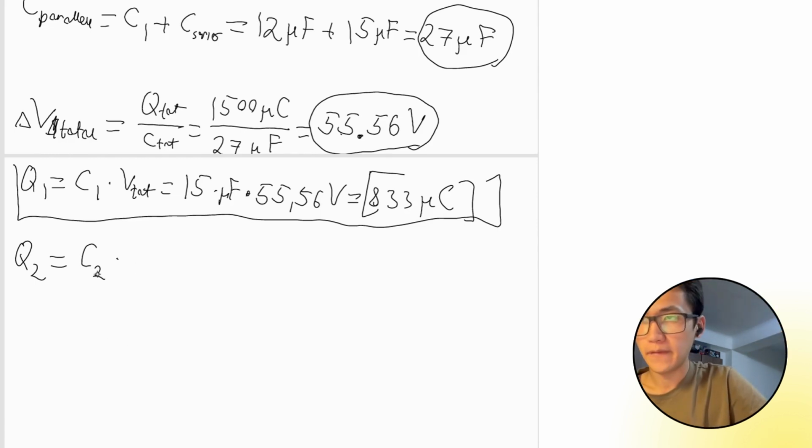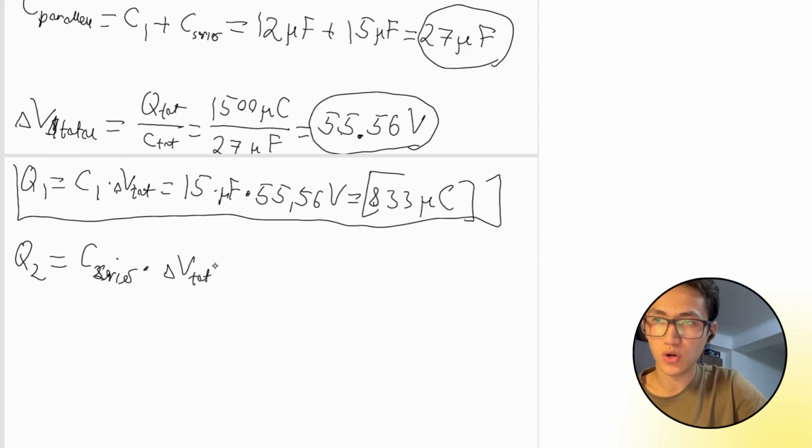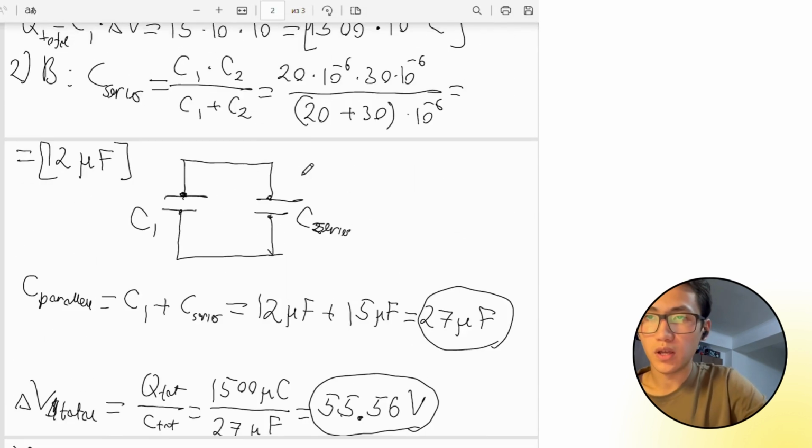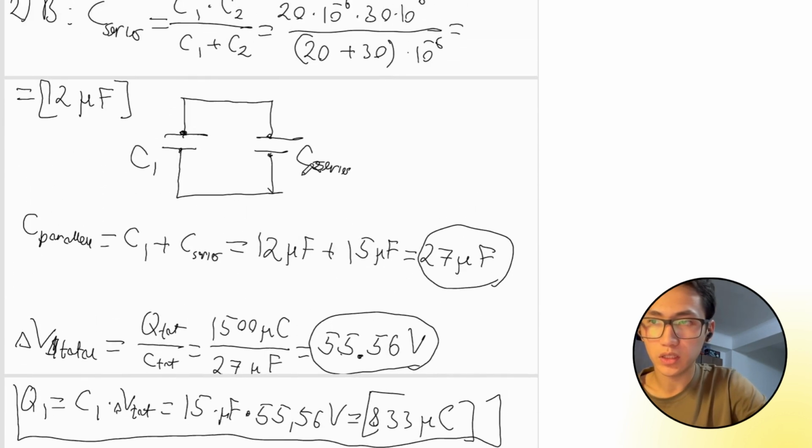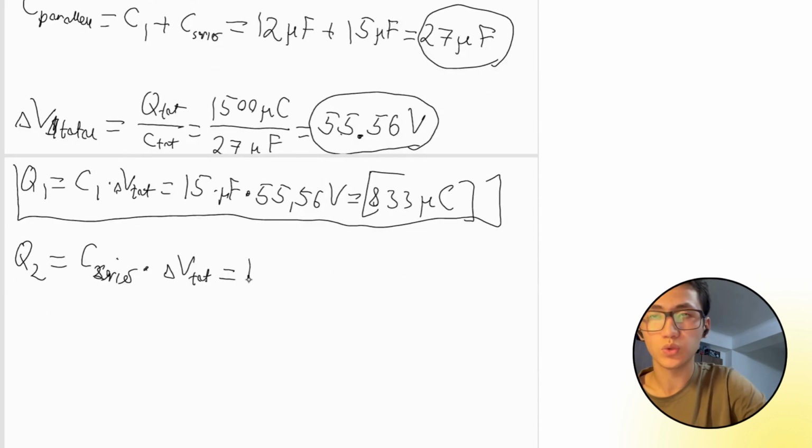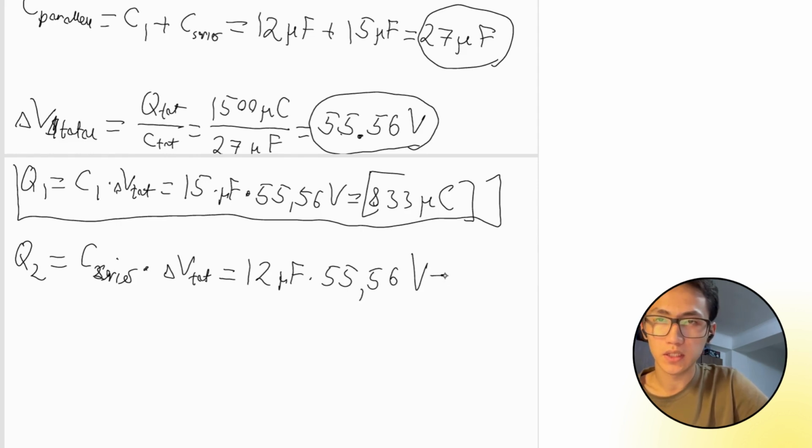So it will be the series capacitance, 12 microfarad, multiplied by 55.6 volts.